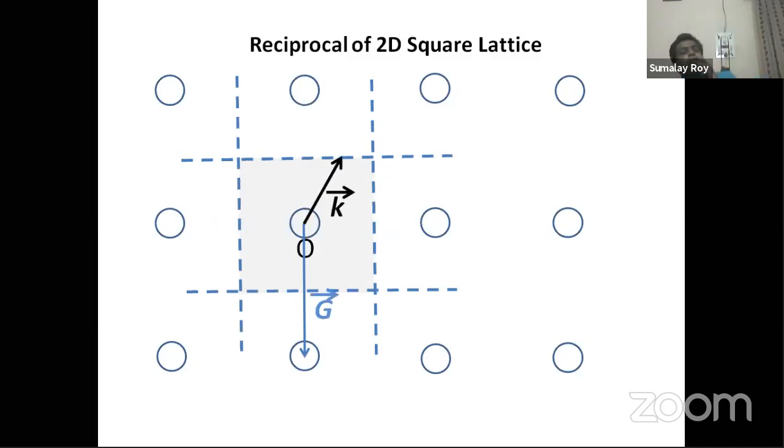Now in this reciprocal lattice, I draw the wave vector K of the X-ray which is falling on my sample. First of all, can I draw this K in this reciprocal lattice space? What is the dimension of K?